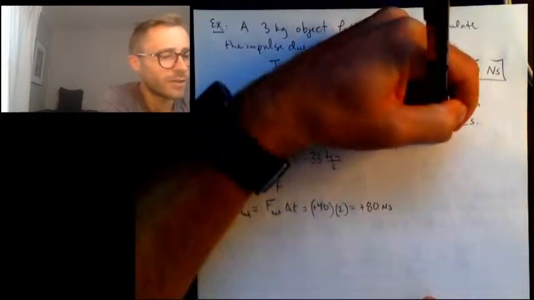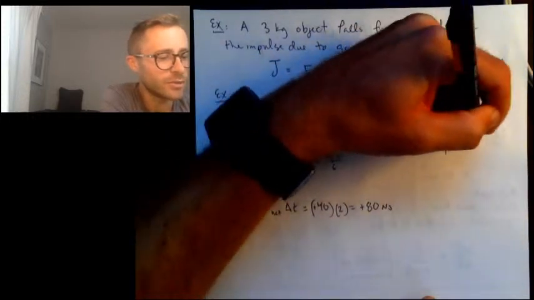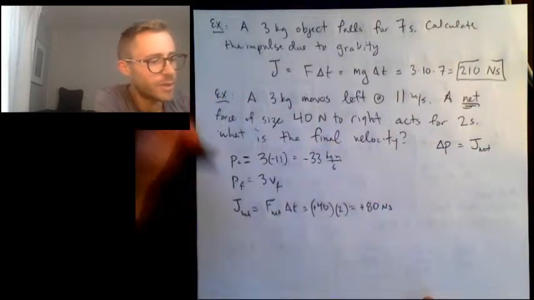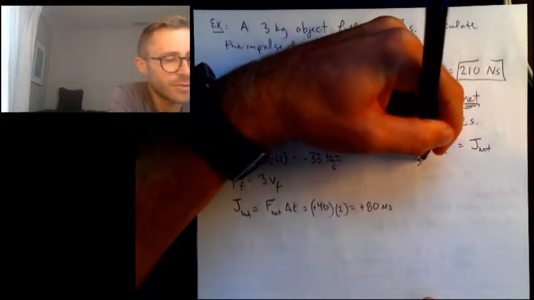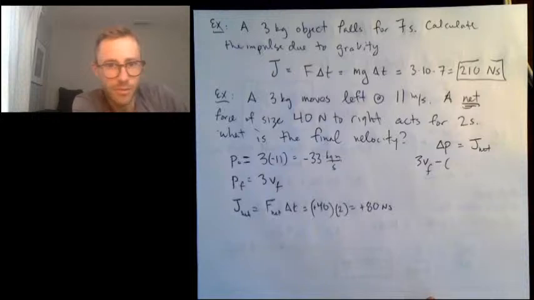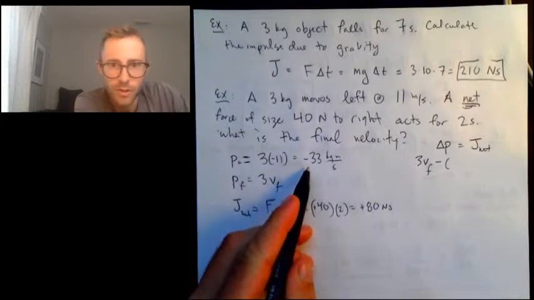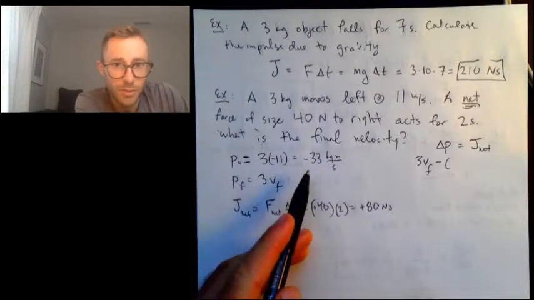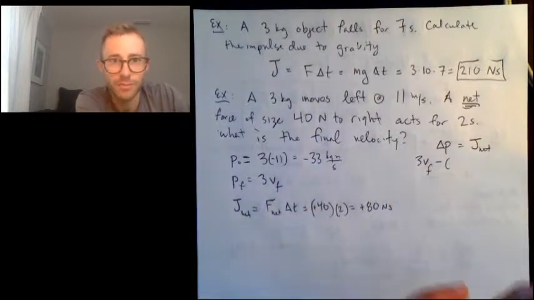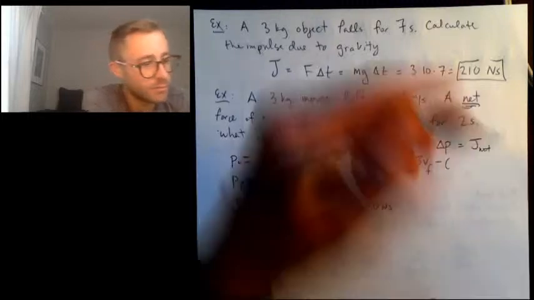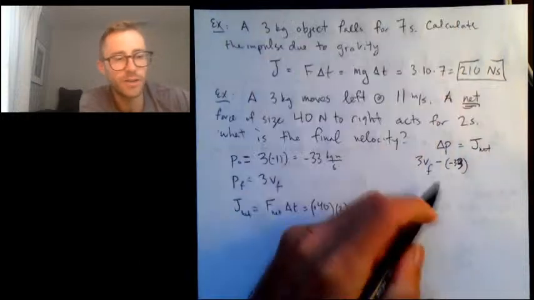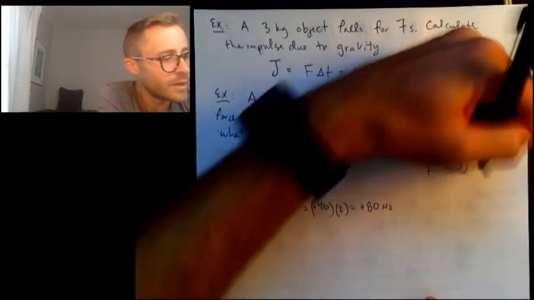Now I use the fact that the change in momentum is equal to the net impulse. The change in momentum is P final minus P initial, so that's 3v final minus, and we have to be really careful here because we have a double negative. The initial momentum is negative, so we have minus minus 33 equals 80.